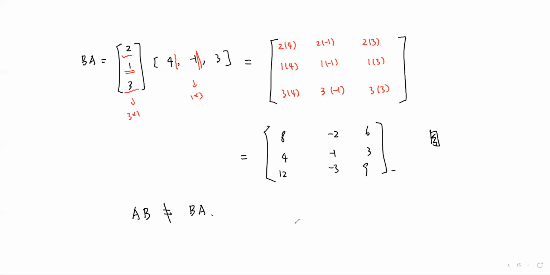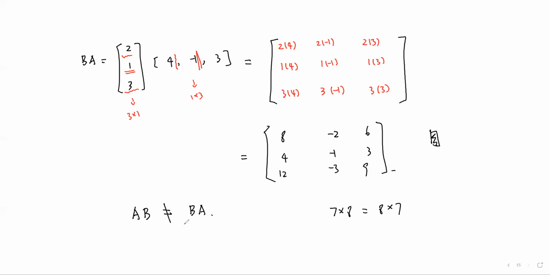It doesn't work like numbers. 7 times A, of course, is equal to A times 7. But for matrices, usually matrix multiplication doesn't commute. You cannot switch.